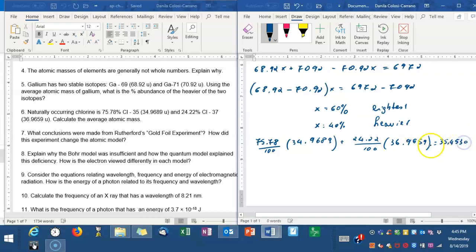3 and 0 because I got to match the sequence. So, and now again we solve, right? So you have 75.78 times 34.96, this plus 24.22 times 36.9659.